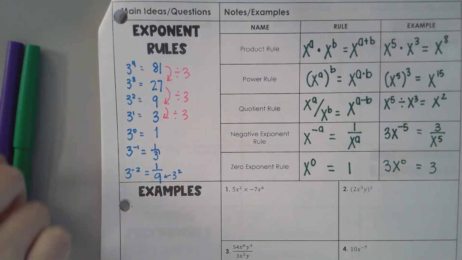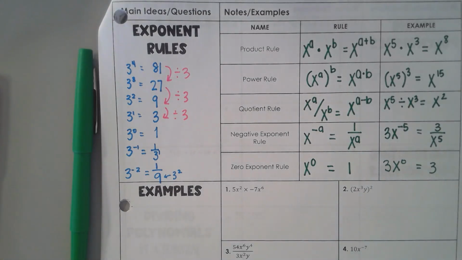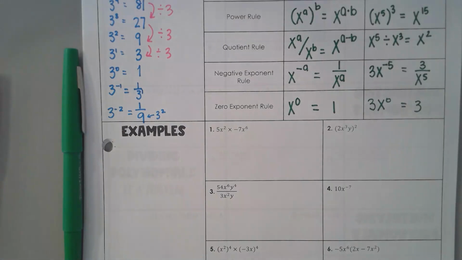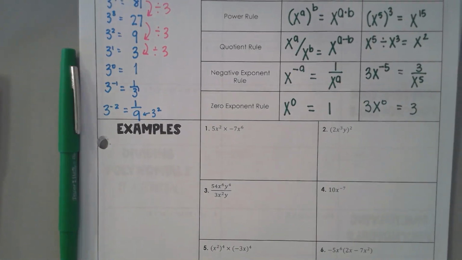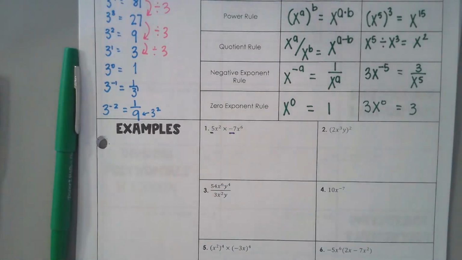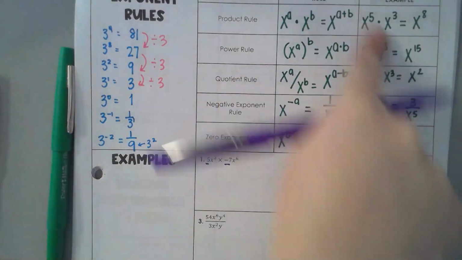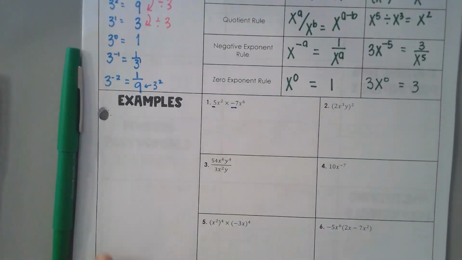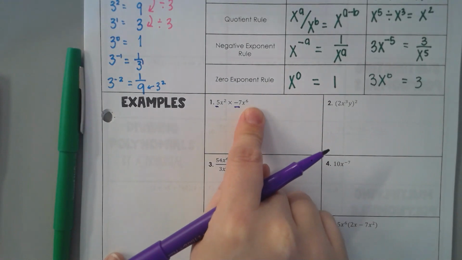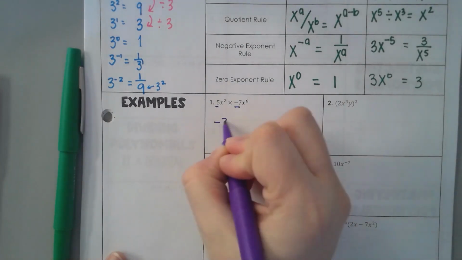So now for some examples. Number 1, I have 5x squared times negative 7x to the 6th. These numbers out front are not exponents, so they don't follow these rules. You just multiply them like normal. So what's 5 times negative 7? Negative 35.